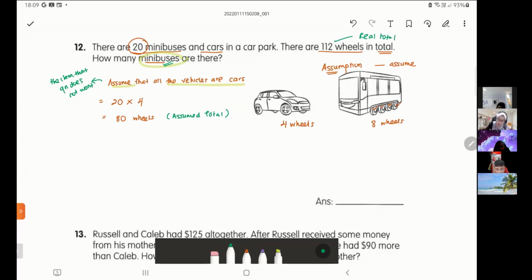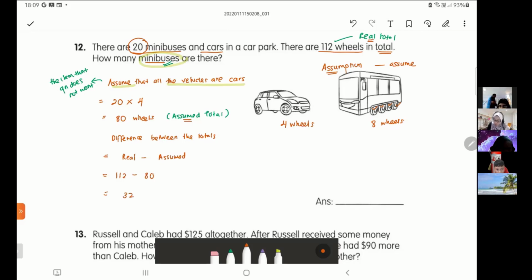So what we're going to do is find the difference between the totals. What totals am I talking about? The assumed total and the real total. So you take the real minus assumed total, equals 112 minus 80, and you are going to get 32.